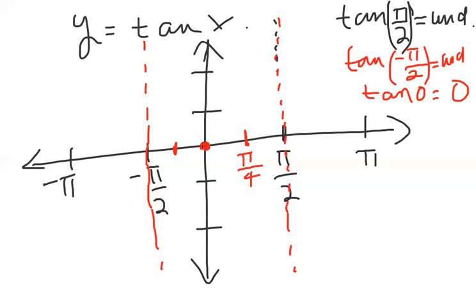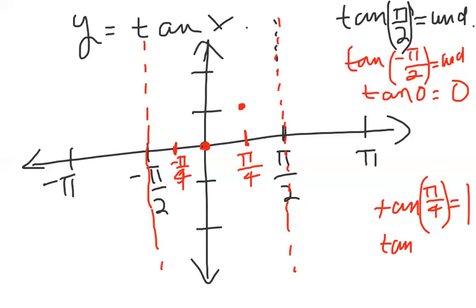Remember, I did that on the chart. If I were to take tangent of positive pi over 4, that would give me positive 1, and positive 1 is located right about here. Now, this right here is negative pi over 4. If I were to do tangent of negative pi over 4, this would be equivalent to negative 1. So that would be a point right over here.